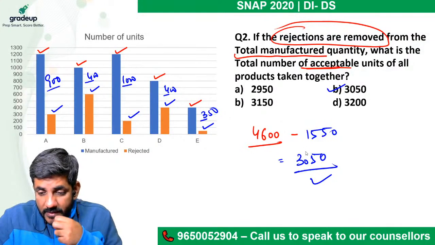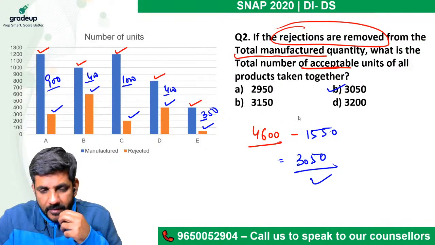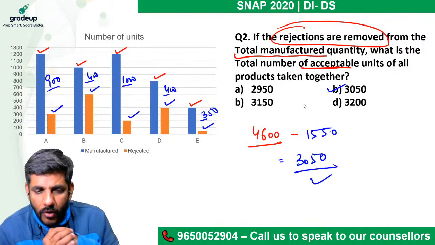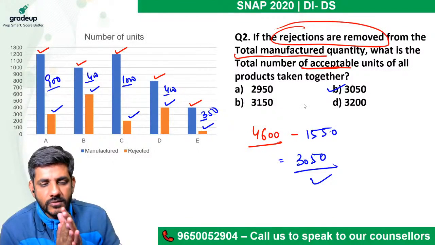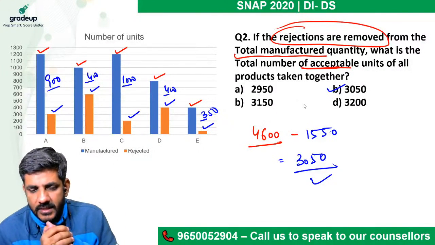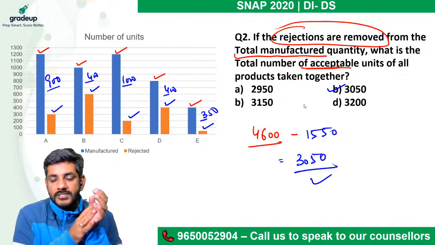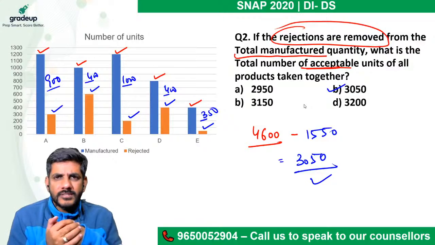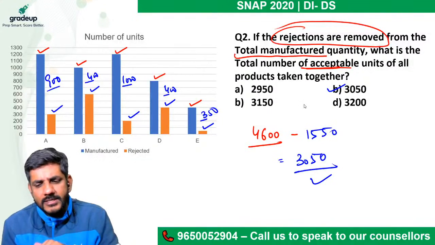Sir, in some question paper, scale is not given, so predicting becomes difficult. Yes, Vivek, but even in this question, the scale was not given, right? Normally, in such cases, for example, the last figure that I have taken in case of E, the rejection in E, we have taken it as 50. Who knows, it is 40 or 60, right? It can be 40, it can be 60.